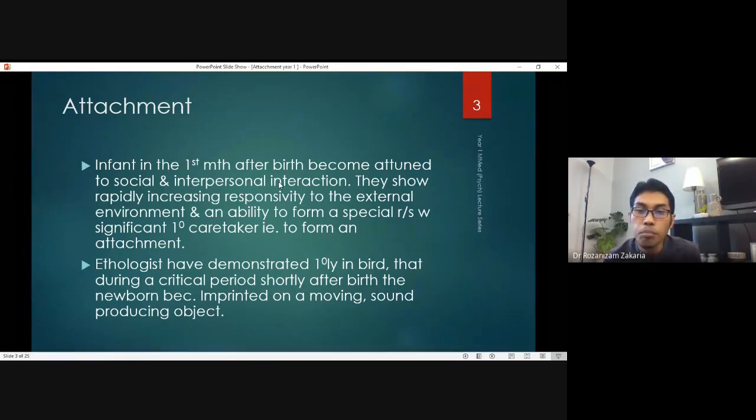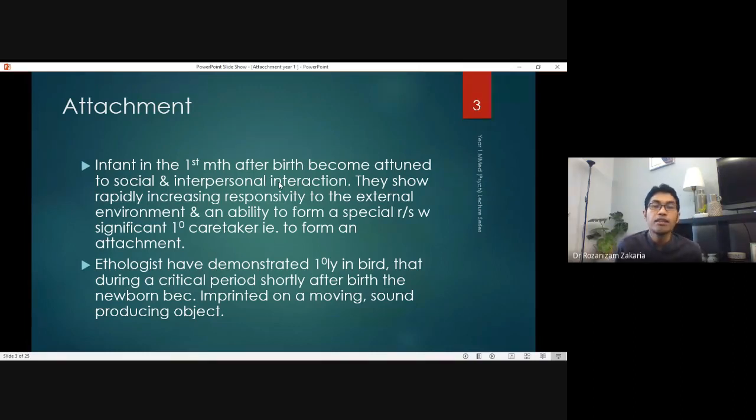For example, with birds, you take a baby bird and put it with any other bird. Once that bird can provide the food or the warmth, they will attach to that bird.